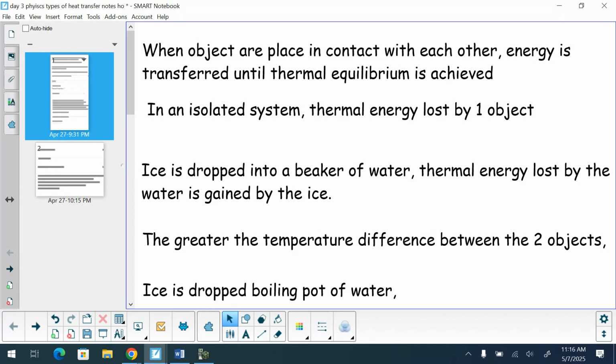So you have an interchange between the ice cube and the environment where the temperature of the ice cube will increase and the environment's temperature will decrease. You will exchange this energy back and forth until you achieve thermal equilibrium. Eventually the ice cube will achieve the temperature of this room. You'll get a thermal equilibrium.